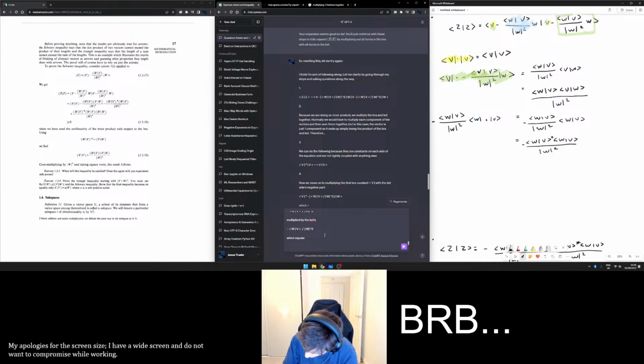So we need pink. So this is the blue one, right? Let's do that. And we're going to do the pink one, which will be WV over W squared, W V over W squared.